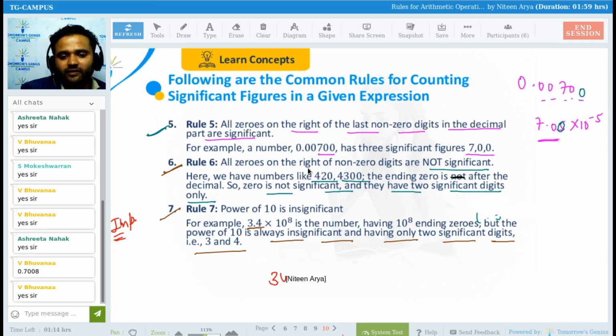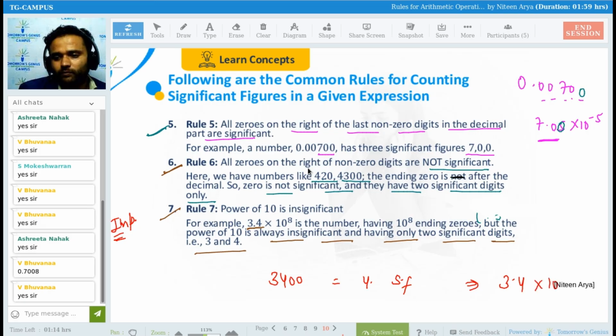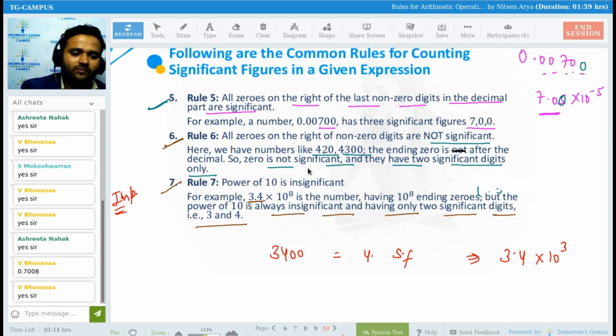Okay, so if this is going to be 4, but the moment you write this, now it has 2 significant figures. It is a method to write it down. Suppose this is your velocity. Meter per second.